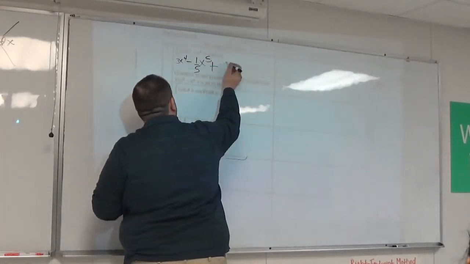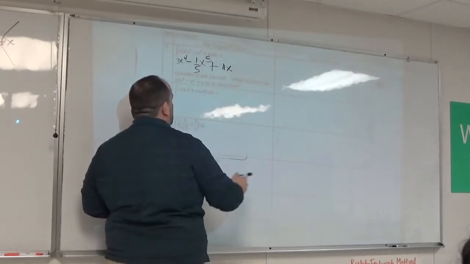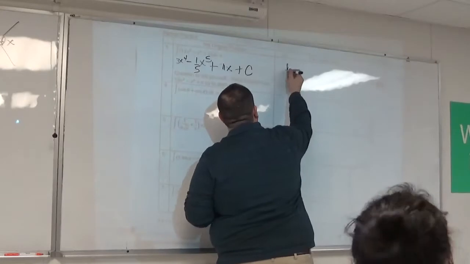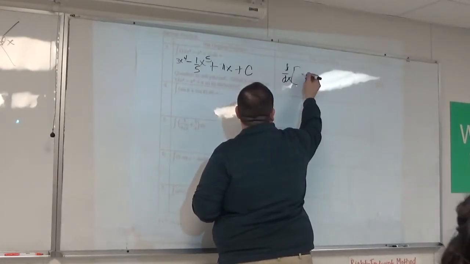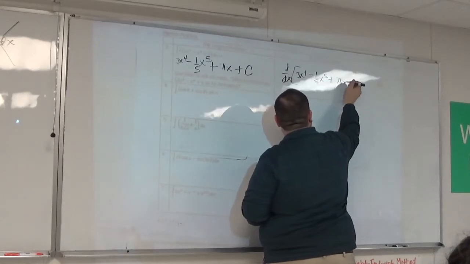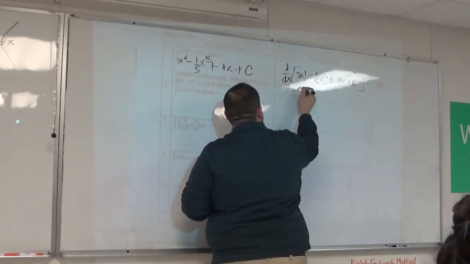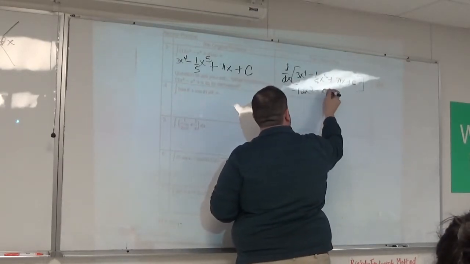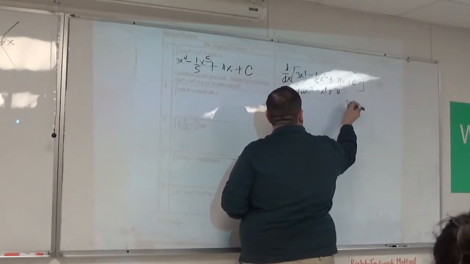Pi x. And then, don't forget Charlie. If you want to go over the little check step, take the derivative of 3x to the fourth minus a fifth x to the fifth plus pi x plus Charlie. No surprise here. Bring the 4 down and multiply, bring the 5 down and multiply, plus pi plus 0, we got it.